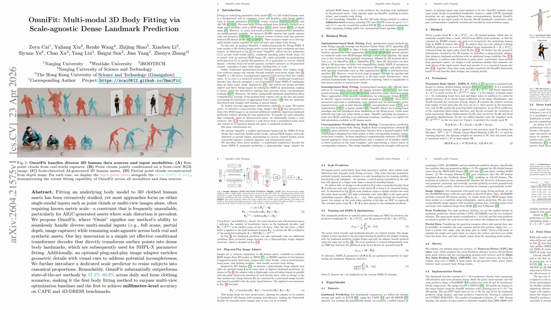The image adapter further improves 4D-Dress performance from 0.589, 0.662 centimeters to 0.539, 0.622 centimeters V2V, MPJPE, surpassing multi-view optimization baselines, EasyMocap and Diff-Proxy, despite using only a single front view.